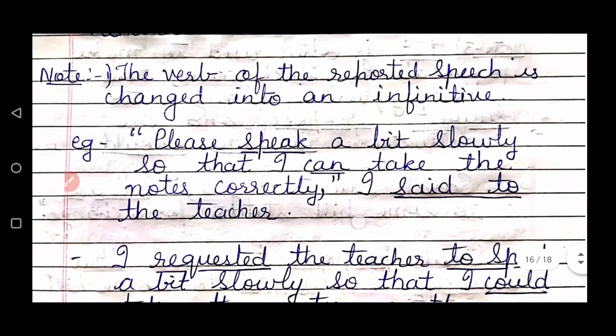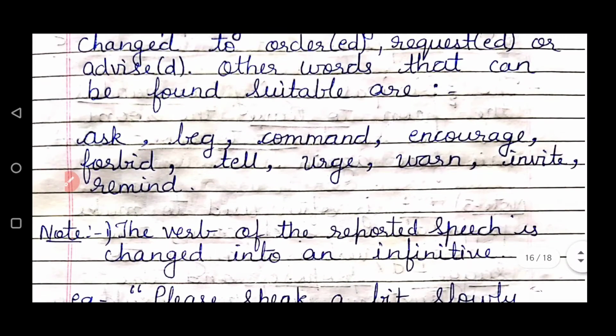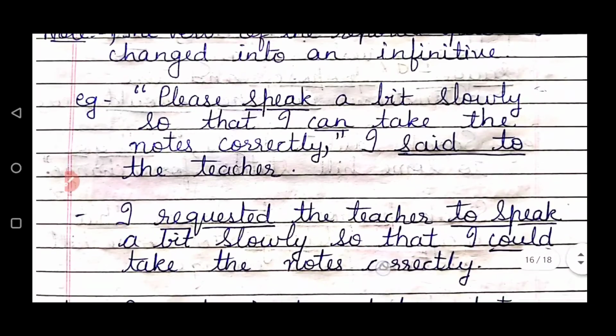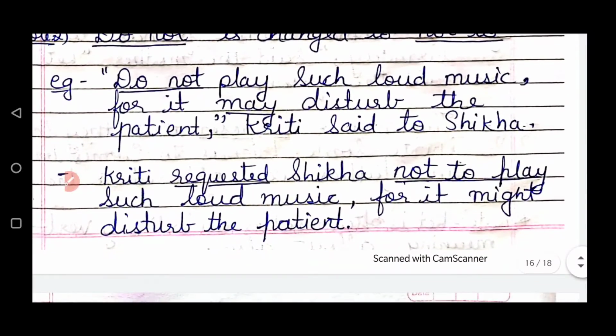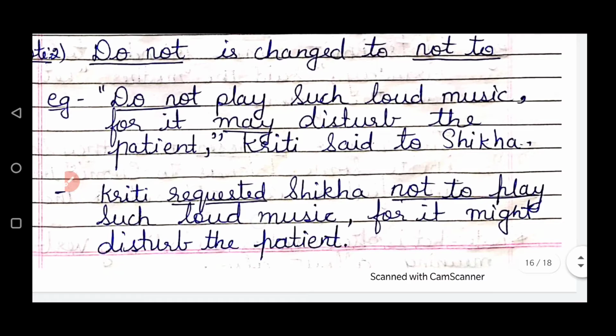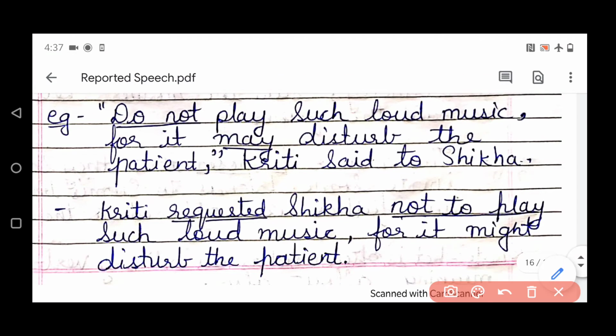So जो भी words हमने ऊपर यहाँ पे दिए हैं ना, asked, begged, command, encouraged तो नहीं होगा, urged, all these words we can use depending upon the situation. सो रिक्वेस्टेड यूज़ किया है वो भी चलेगा. Kriti requested Shikha not to. So do not का क्या हो गया है हमारा, not to. You can see do not का हमारा हो गया है not to, है ना.